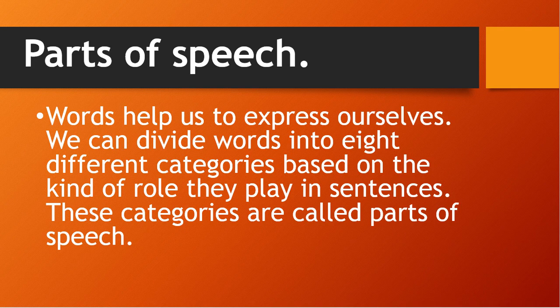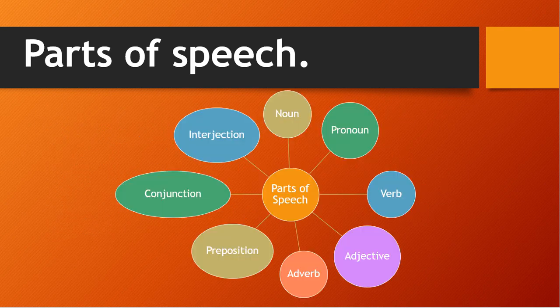These categories are called parts of speech. In the next slide, I am showing you the parts of speech. Surrounding it, there are eight different words I have mentioned: noun, pronoun, verb, adjective, adverb, preposition, conjunction, interjection.